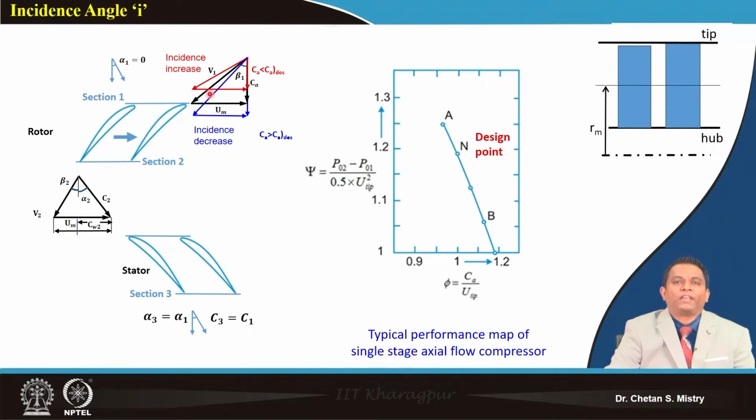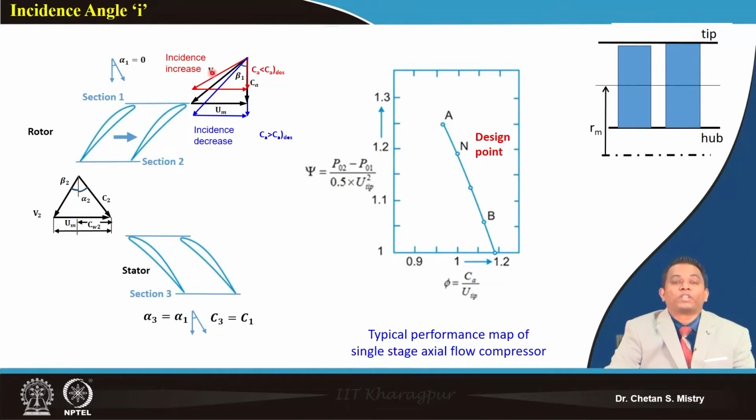We are now discussing the change of angle from beta 1 to beta 1 dash and beta 1 double dash in terms of change of incidence. When my axial velocity is decreasing, my incidence angle is increasing.